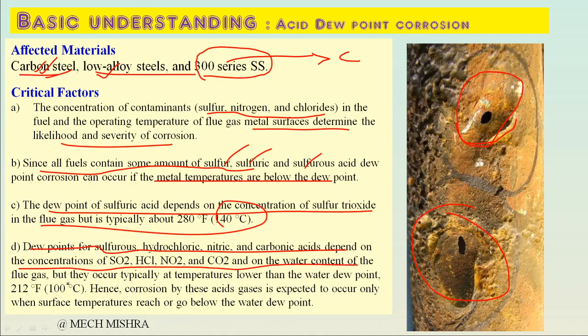They occur typically at temperatures lower than the dew temperature. Hence, corrosion by these acid gases is expected to occur only when the surface temperature goes below the dew point. So the key is to always maintain my surface or metal temperature above the dew point.